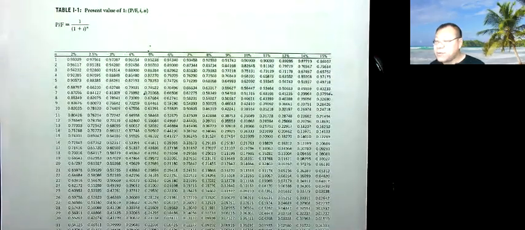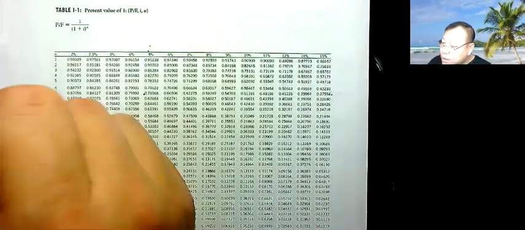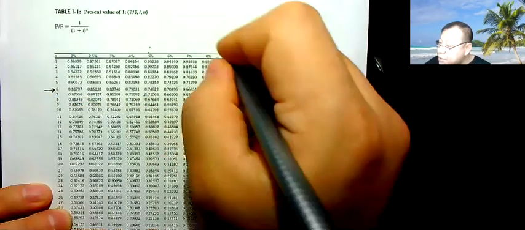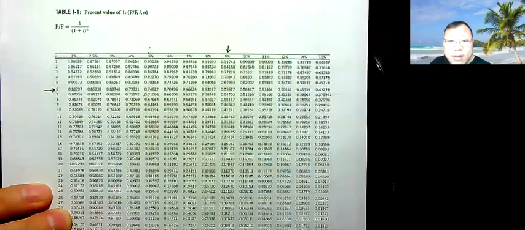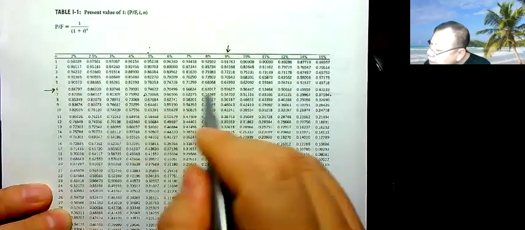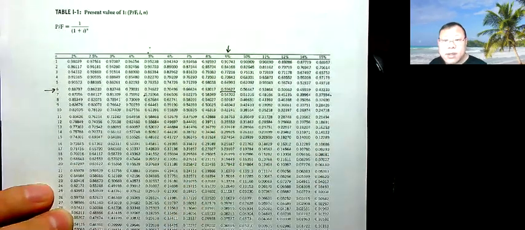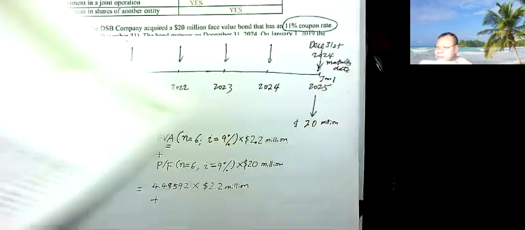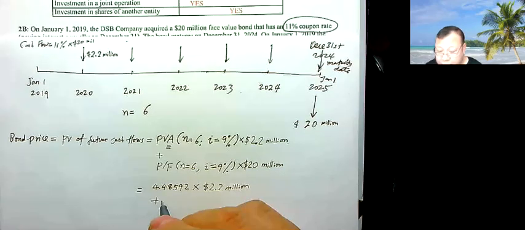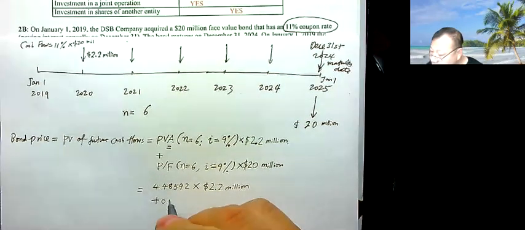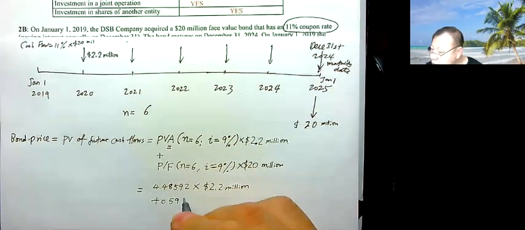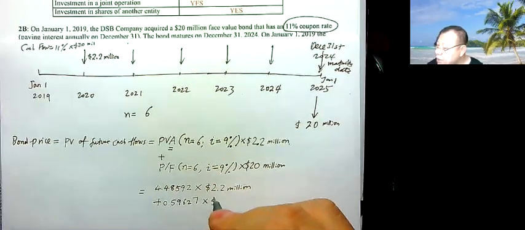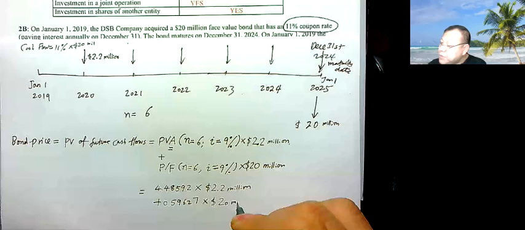Again, n equals 6, and my interest rate equals 9%. So I can find it here: 0.59627. So that will be 0.59627 times 20 million.